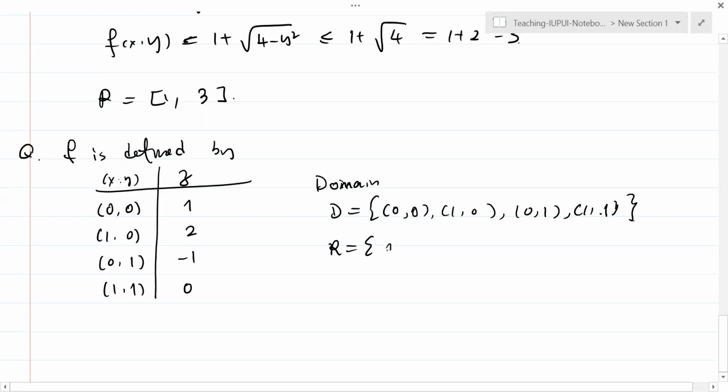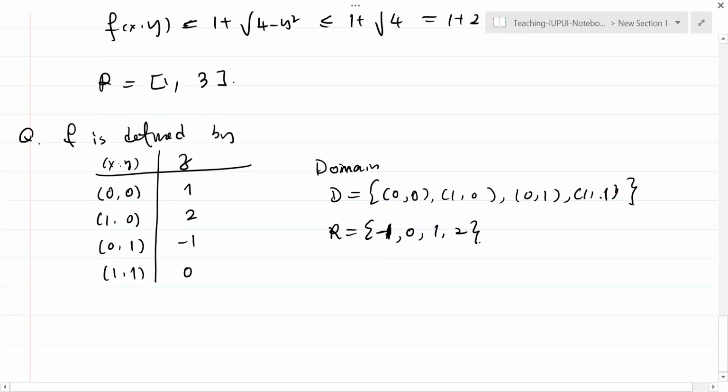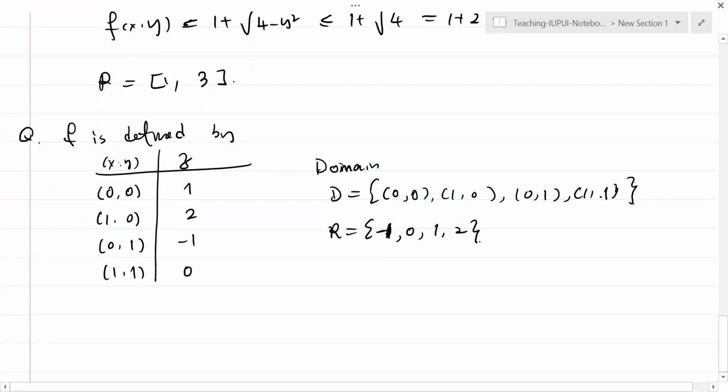I can express it in this form: -1, 0, 1, and 2. Order doesn't matter. The function is not defined for any points which are not in the domain. And if you ask me what is the value at 0, 1, I just look at this table, and it is -1.